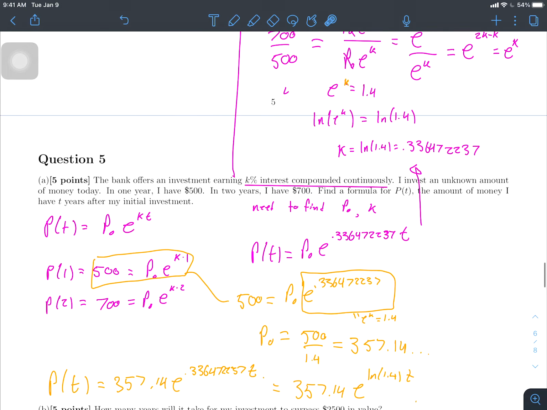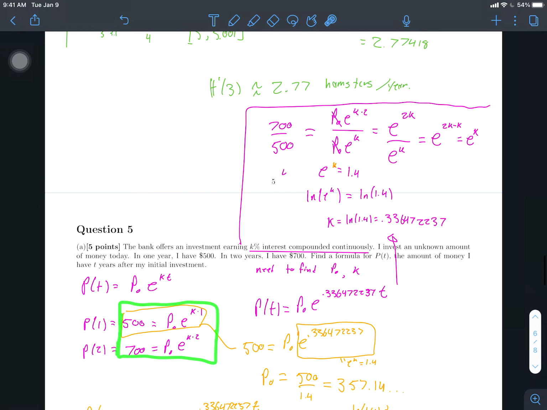Okay, so what do I do with that information? Well, I want to know what k and P0 are, so I have 2 equations and 2 unknowns. I need to eliminate one of the variables, and I see that I can easily do that by taking these 2 equations and dividing them by one another. So I take 700 and divide it by 500.